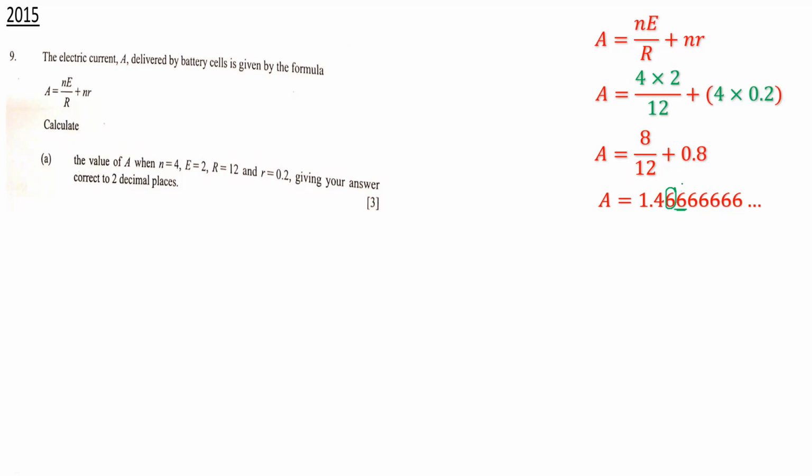Yeah, of course it is. So since it's greater than 5, we're going to round up. So we have to add 1 to that 6. And so we have A is equal to 1.47, because we added 1 to this 6. So A is equal to 1.47, and that's correct to 2 decimal places.